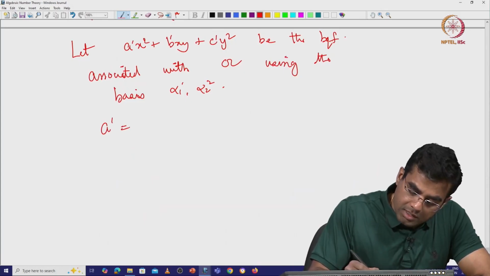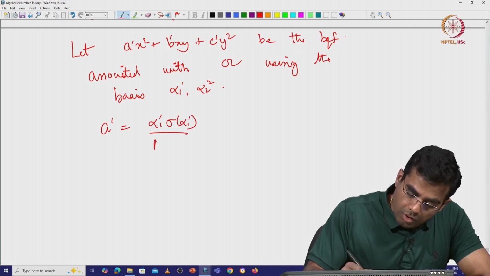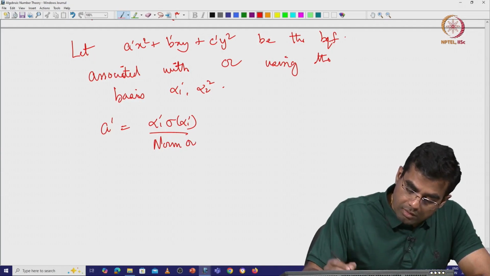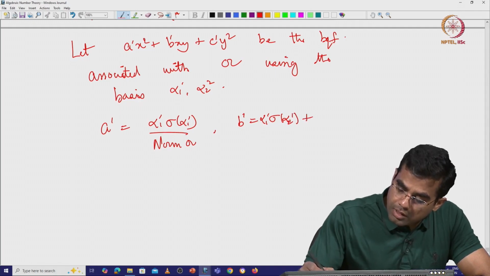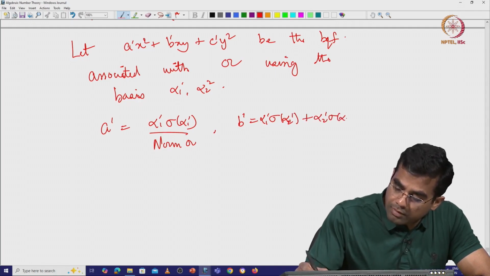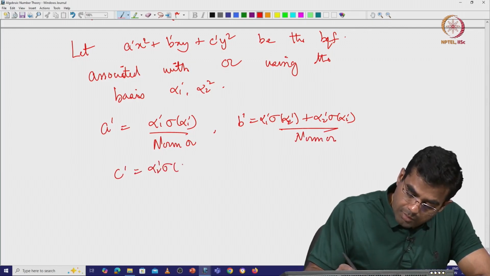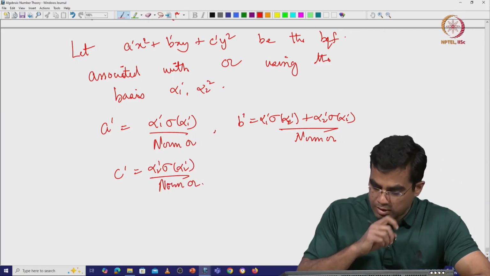So, a' is alpha 1 prime sigma(alpha 1 prime) by norm of A, and b' is alpha 1 prime sigma(alpha 2 prime) plus alpha 2 prime sigma(alpha 1 prime) by norm of A, and then c' is alpha 2 prime sigma(alpha 2 prime) by norm of A.